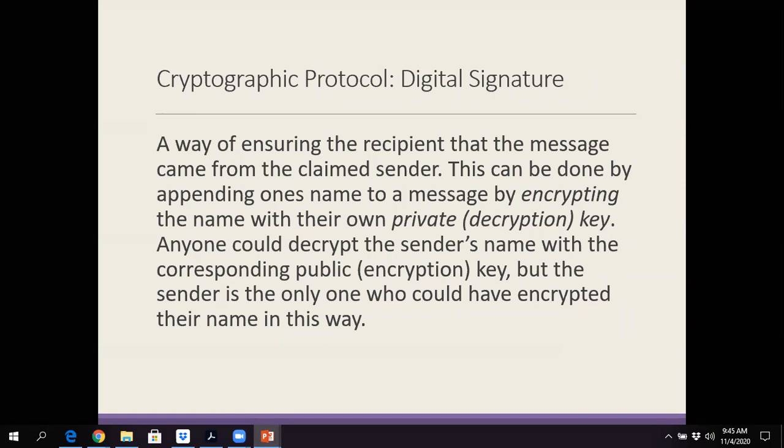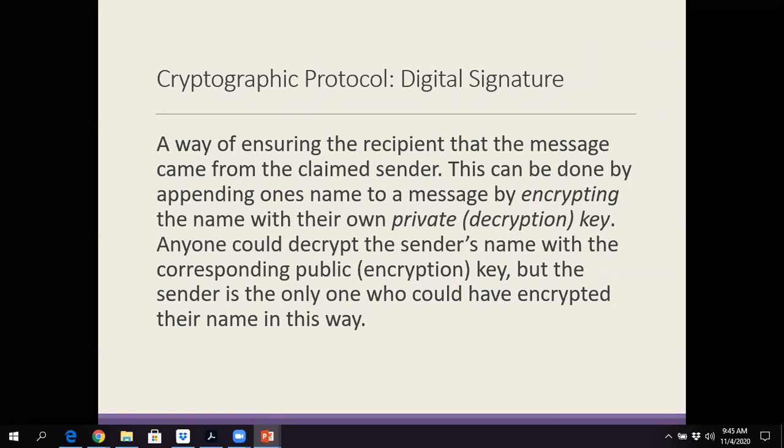So what I do is, I use your public key, but I use my private key to encrypt my name, right? I use what's going to be my public modulus, but I encrypt with my private key. Does that make sense? So I actually use the public modulus that I've published for everybody to see, but I encrypt with my private key. So I put Hammett and I encrypt that.